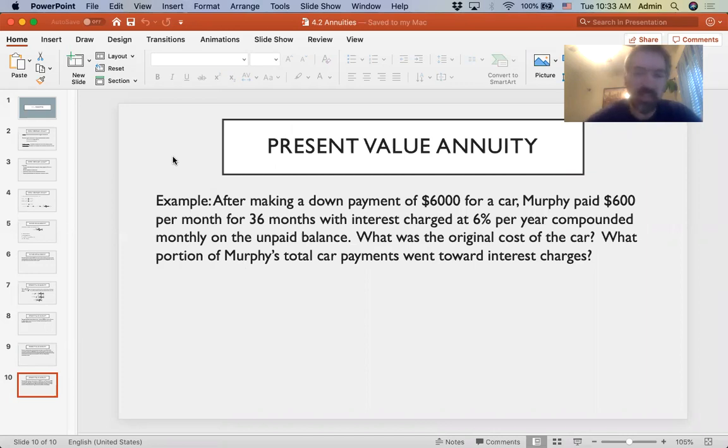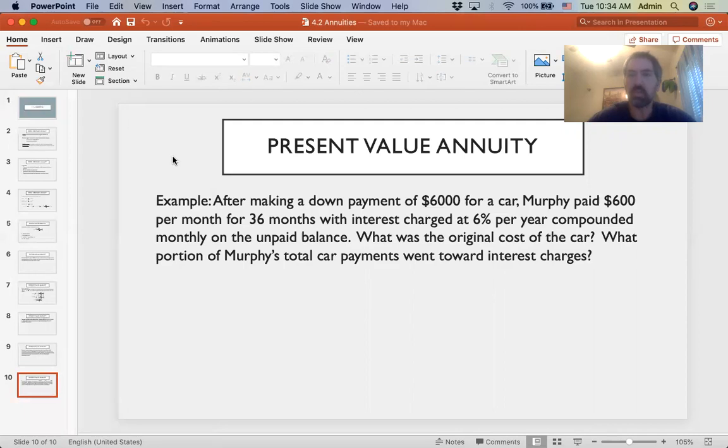After making a down payment of $6,000 for this car, he pays $600 per month for 36 months, that's 3 years, with interest being charged at a rate of 6% per year, compounded monthly on the unpaid balance. We want to know two things. What was the original cost of the car? And what portion of Murphy's total car payments went towards interest charges?